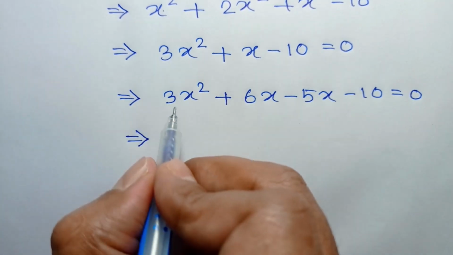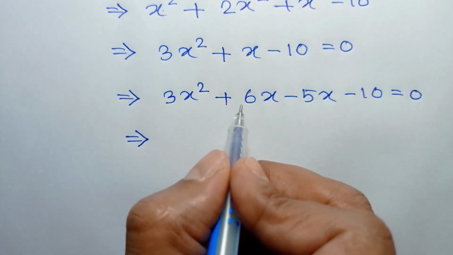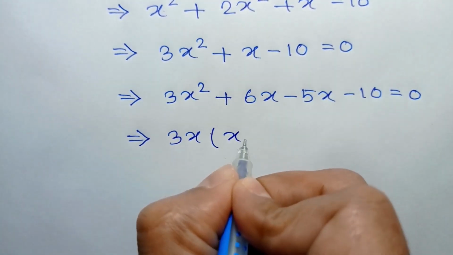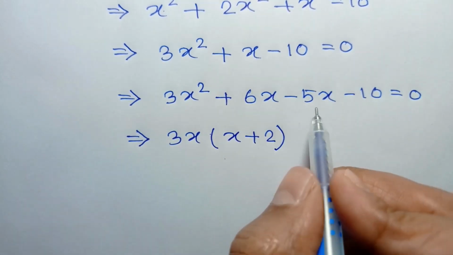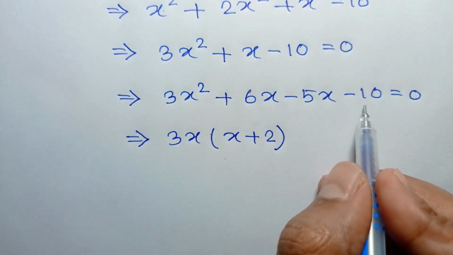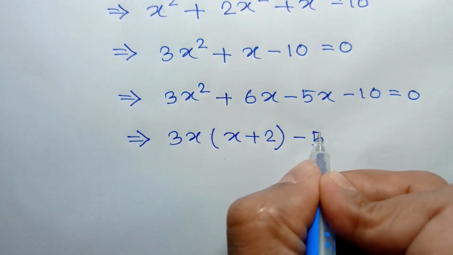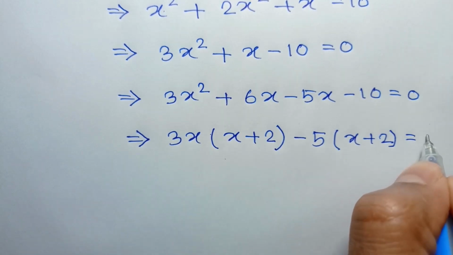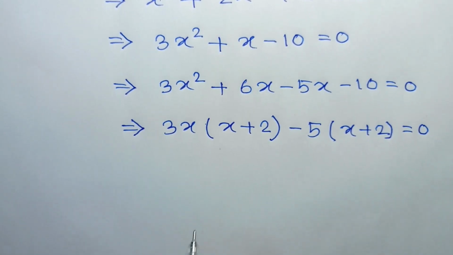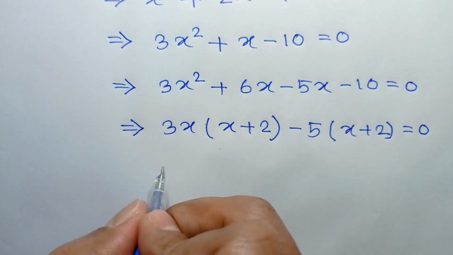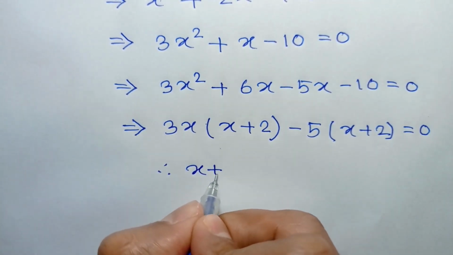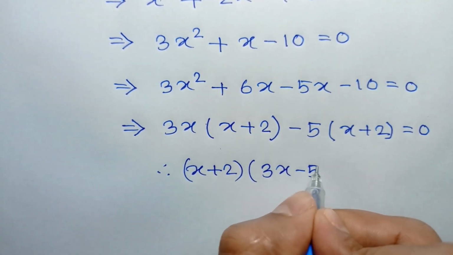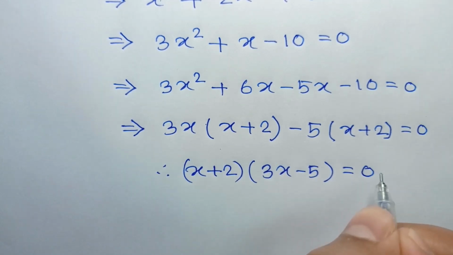Or taking common 3x from the first two terms we can write 3x times (x plus 2), and taking common negative 5 from the last two terms, we can write negative 5 times (x plus 2) is equal to 0. So taking common x plus 2, we can write (x plus 2) times (3x minus 5) is equal to 0.